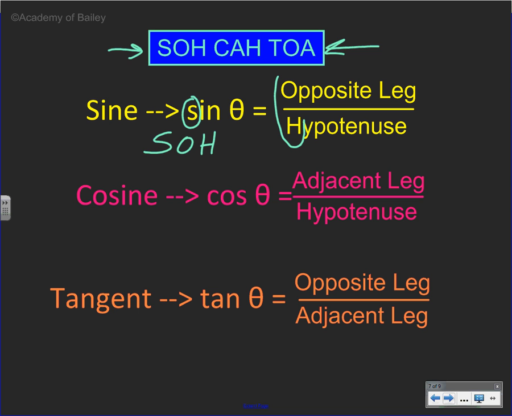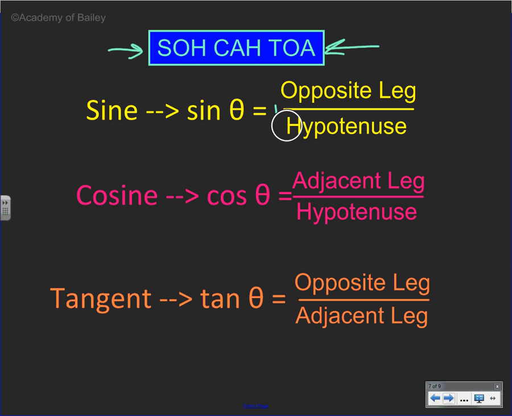O and H stand for opposite over hypotenuse. So sine of theta is equal to opposite divided by the hypotenuse. And if you can remember those letters, then the formula is memorized for the most part. Theoretically speaking, you have it memorized.